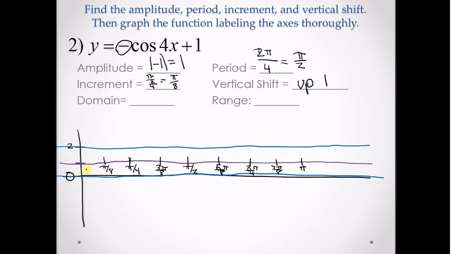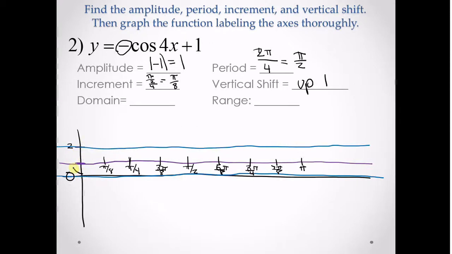So now I'm doing a cosine. But now, remember, that was that negative. If you remember what the negative did in front of a parabola, it allowed us to flip our function around, right? Instead of having an upward facing guy, you had a downward guy. Same thing happens. So normally this guy would have started here, right? Well, since he's flipped, he's not going to start there, but he's going to start down here.